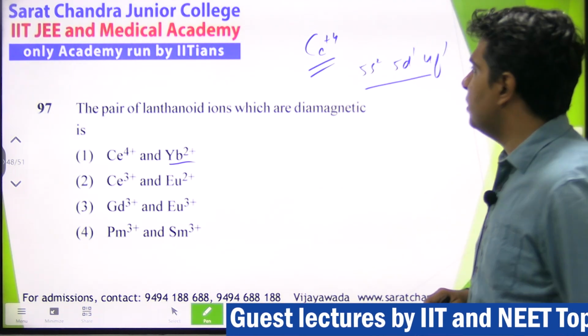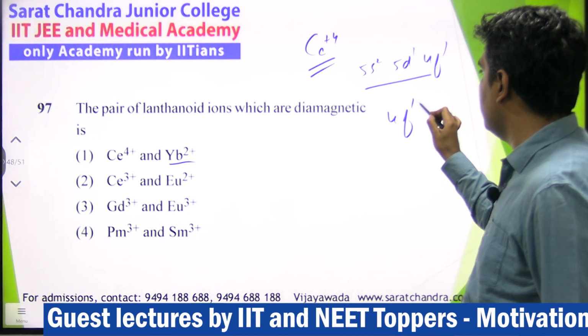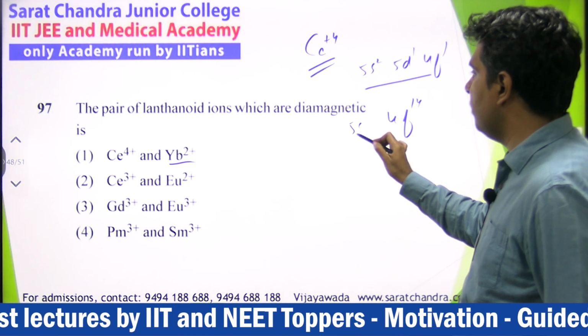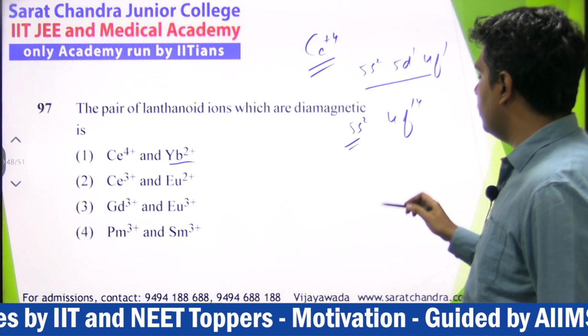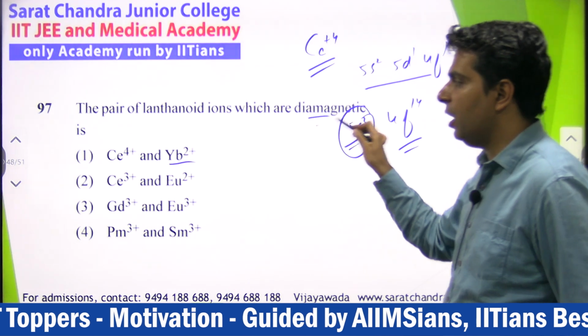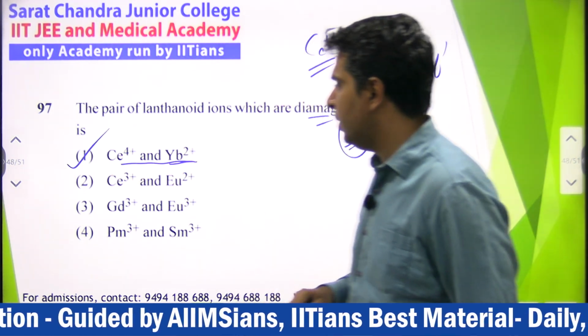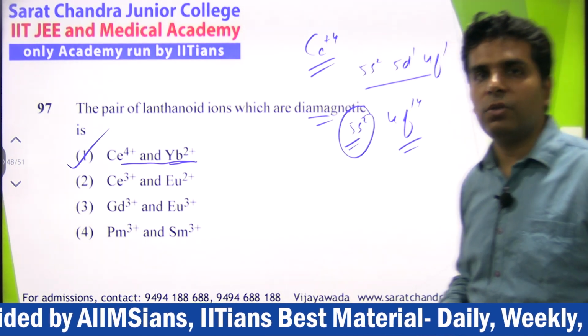And ytterbium plus 2. So this will be 4f14 and 5s2. So plus 2, the 5s electrons will be removed. This also has no unpaired electron, so this will also be diamagnetic. So both of these are diamagnetic. They will not have any unpaired electron. So the answer will be the first option.